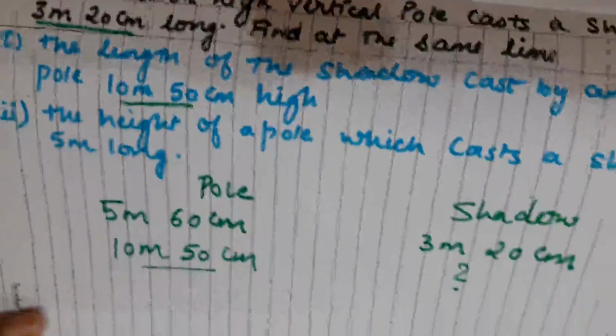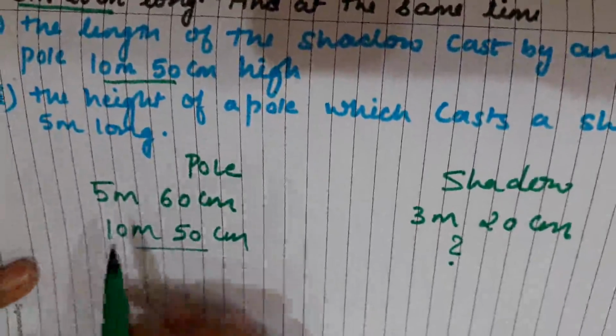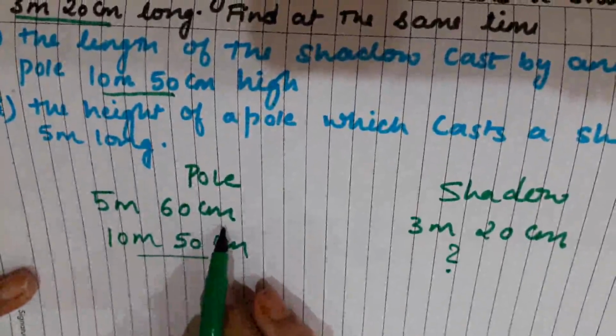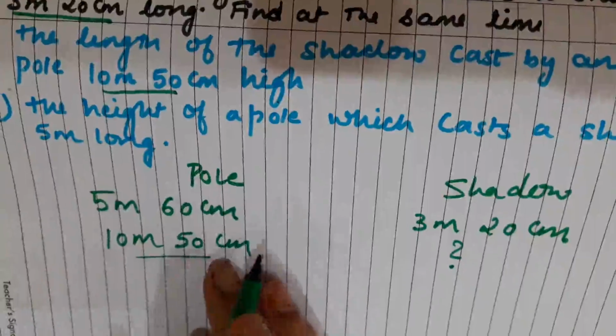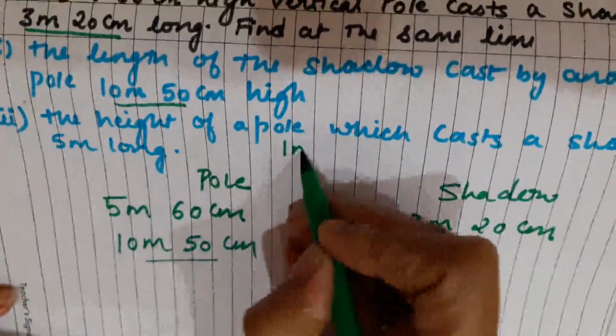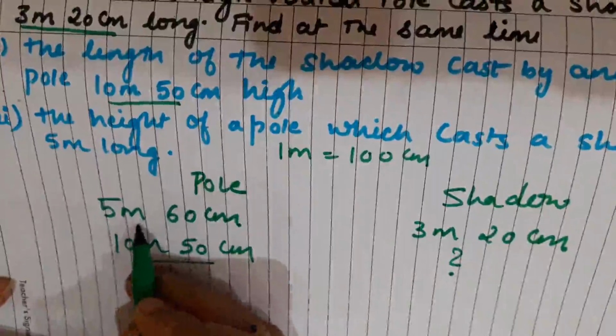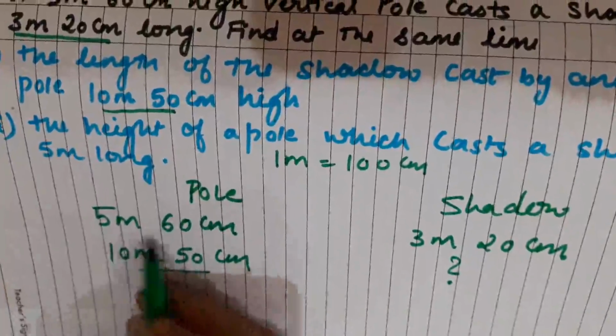Okay, before we start with anything, let's make the measurements equal. This is in meter, this is in centimeter. Let's make it in one unit. So let's convert into centimeter. 1 meter equals 100 centimeter. So this 5 meter is equal to 500 centimeter plus 60.